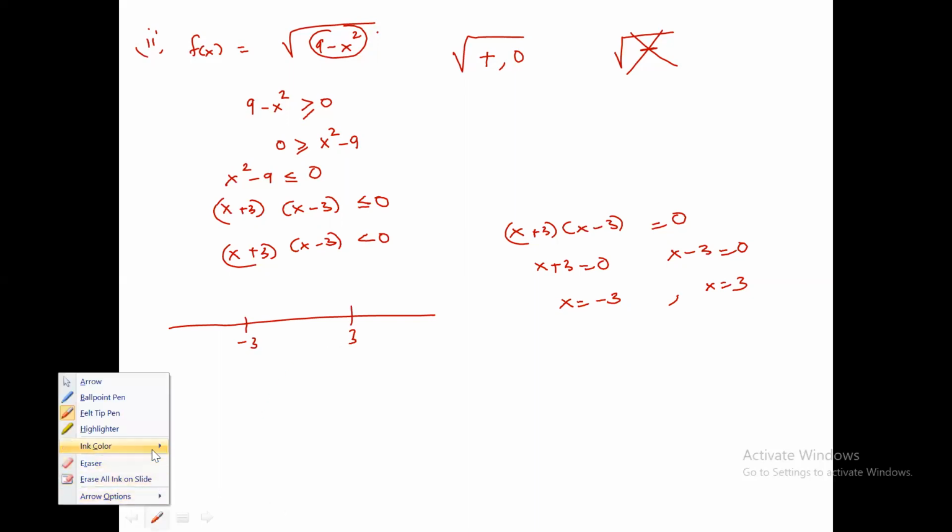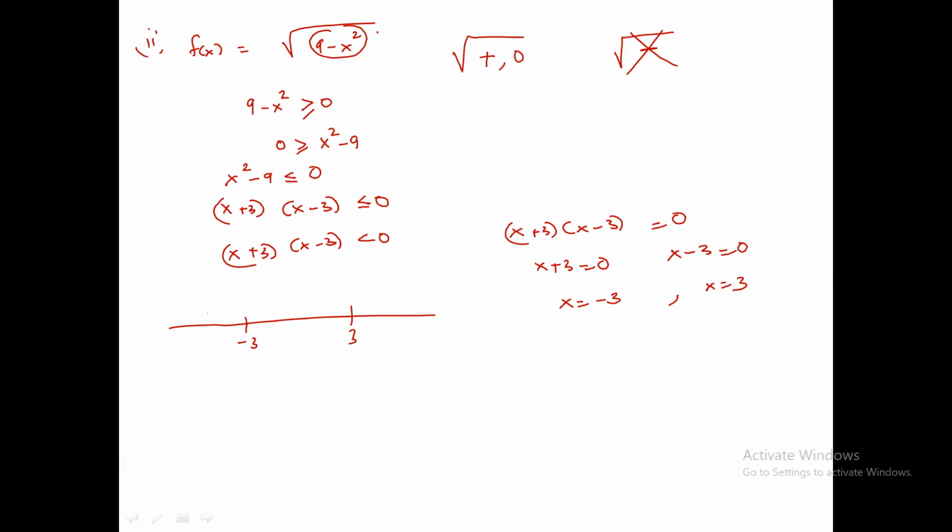And then randomly you can pick up here minus 4, in this part 0, in this part 4. We will take these and put the values of x. If you put minus 4 here, this is negative, this is negative, so you are getting a positive answer.